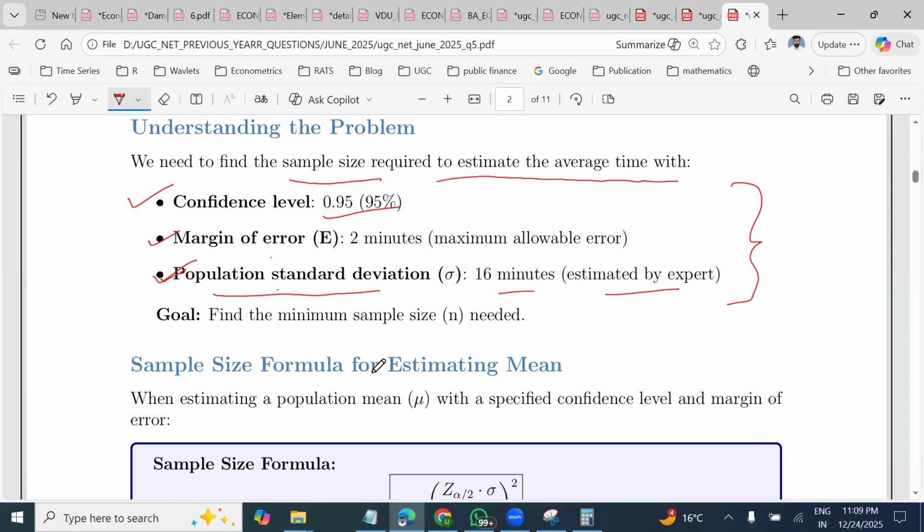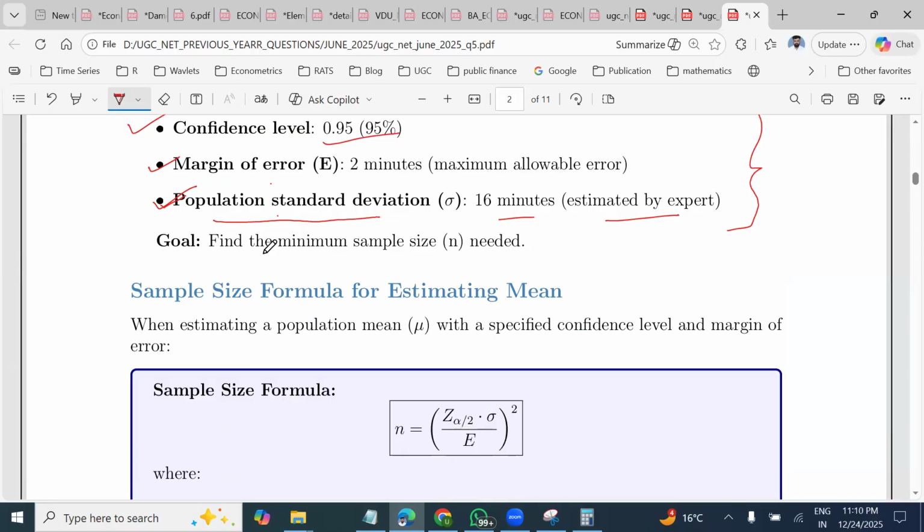Okay, let us see. Now we will find the minimum. Our goal is to find the minimum sample size n needed.